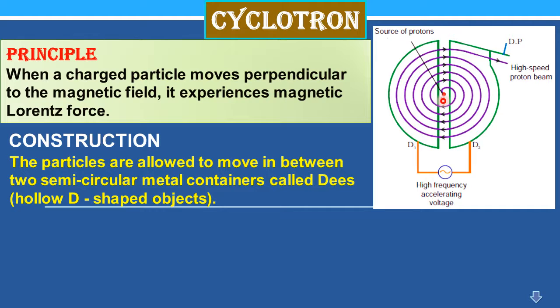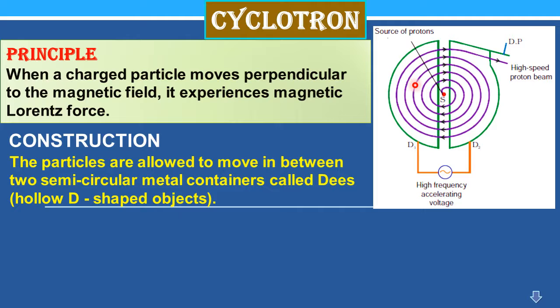As soon as an ion is ejected from the source, it is accelerated towards D1, which has a negative potential at that time.